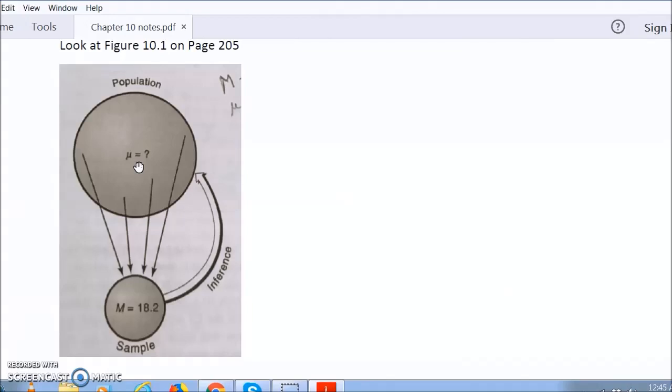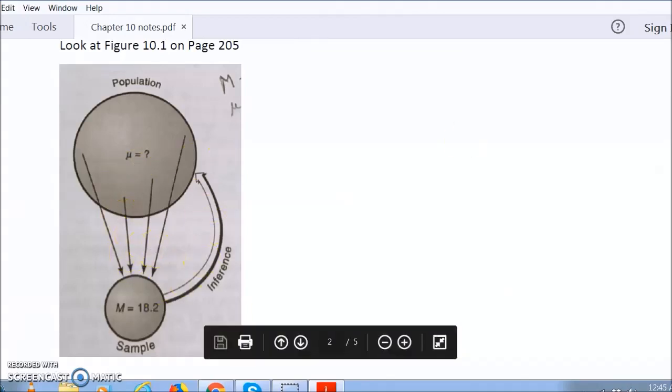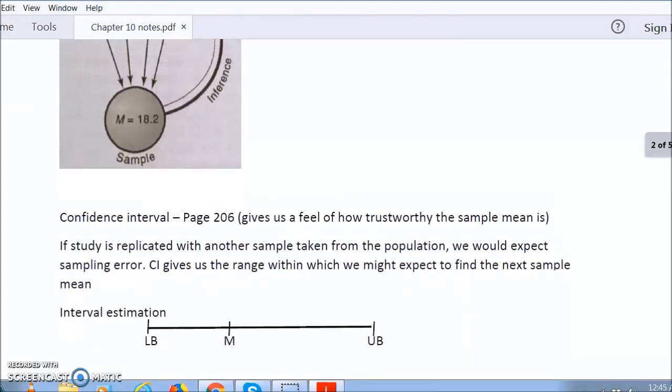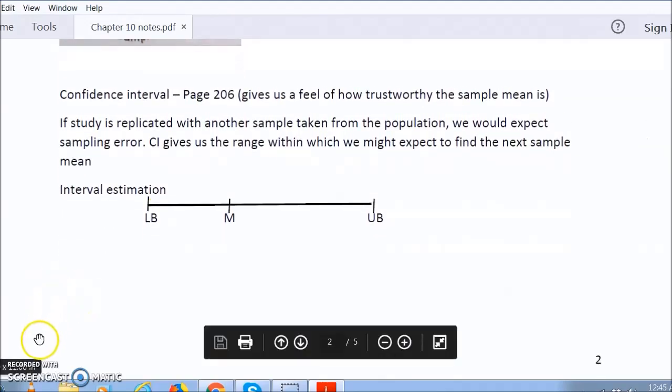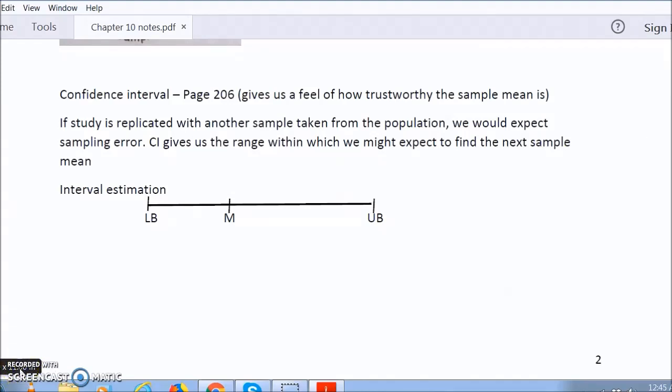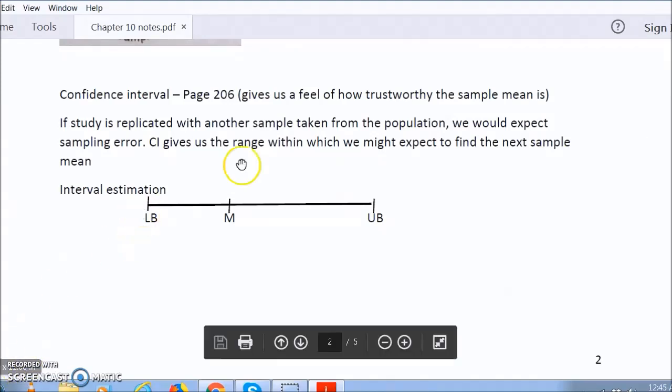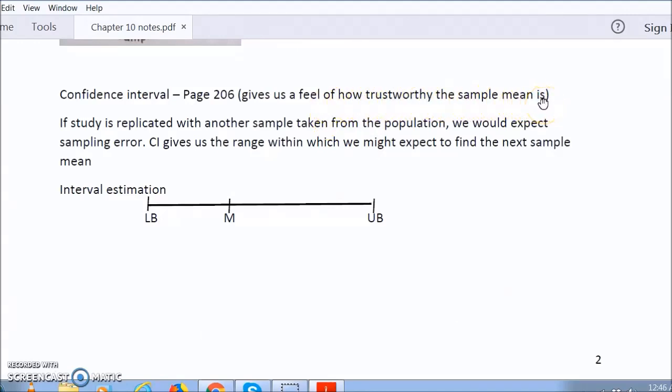This is once again when we are talking about one variable. So now before we move on, we need to talk about the confidence interval. That is really very important. The confidence interval basically gives us a feel of how trustworthy the sample mean is. Remember how we talked about how confidence intervals are built: if you keep on extracting samples from the population and you plot their means.